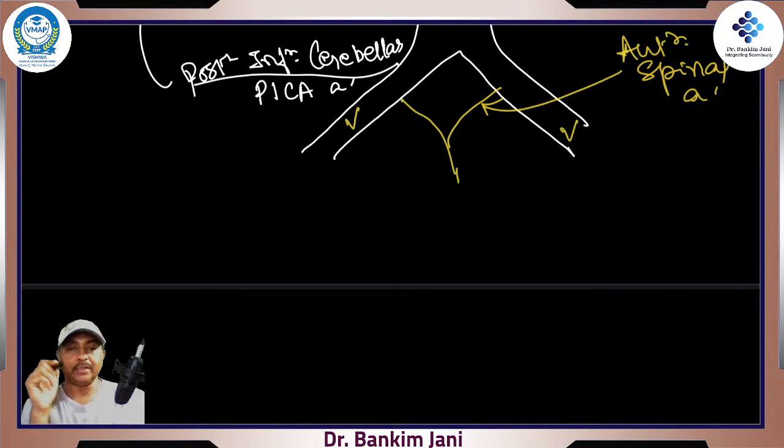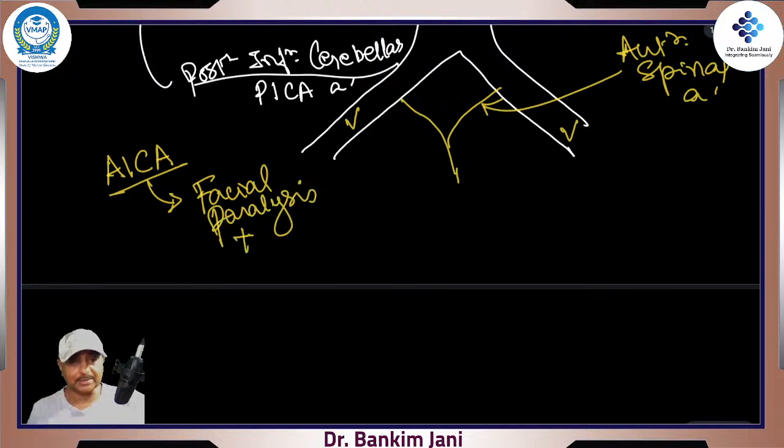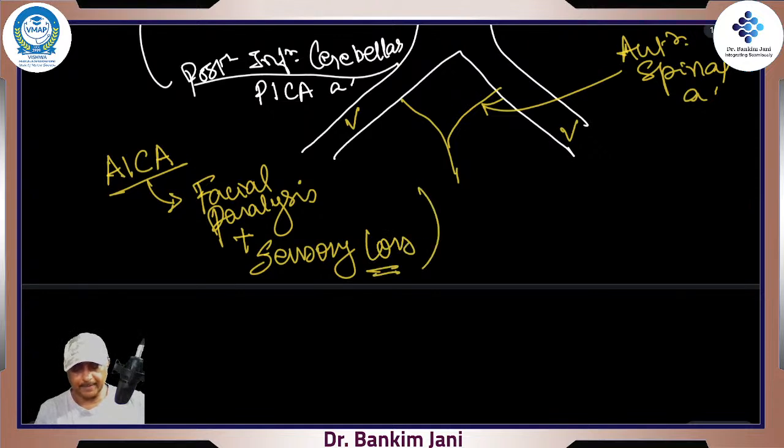It is supplying the lateral pons and cerebellum, and if anything goes wrong with the anterior inferior cerebellar artery, it would lead to facial paralysis, plus there would be sensory loss. That's what it can lead to.